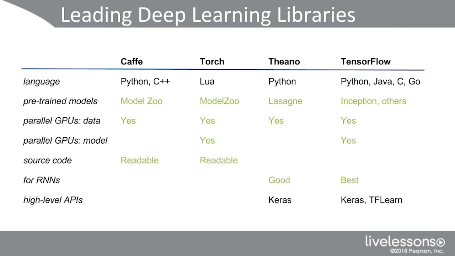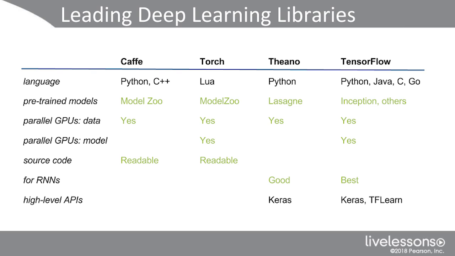So can Torch. In TensorFlow here, it says just Inception, which was a particular neural network architecture that had very good results in machine vision. Since I created this slide, TensorFlow has developed quite a few more pre-trained models, so you can find quite a lot there as well.